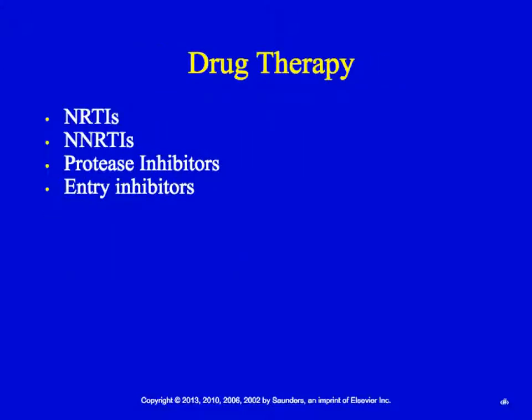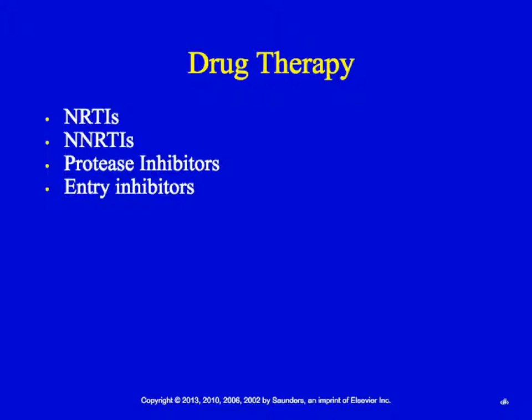So this is drug therapy. These are the classifications of drug therapy used to treat HIV. As I mentioned, that slide in the beginning shows you where each one of them sort of works in the invasion of the HIV virus into the cell. The important thing to know and to educate your patient about is all of these medications are used to treat the virus and to inhibit the viral replication.